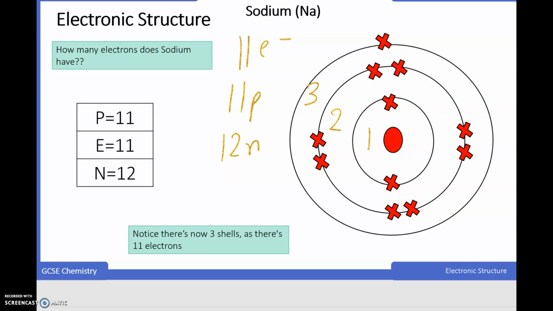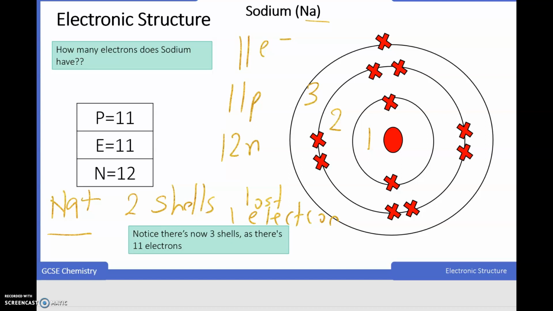But if this was a sodium ion, which is Na+, then I would only have 2 shells because I would have lost 1 electron. So be careful in an exam if it's an ion or an atom.